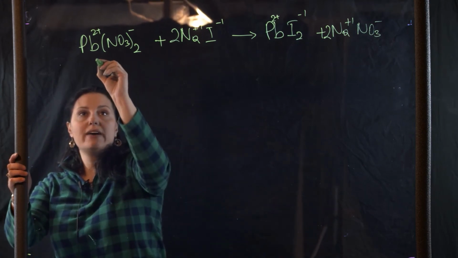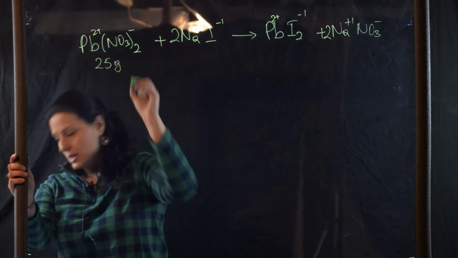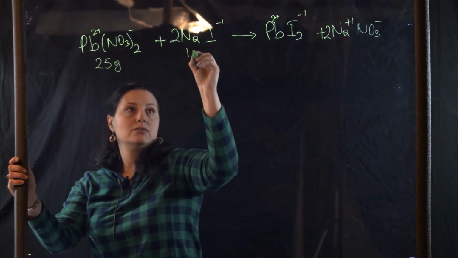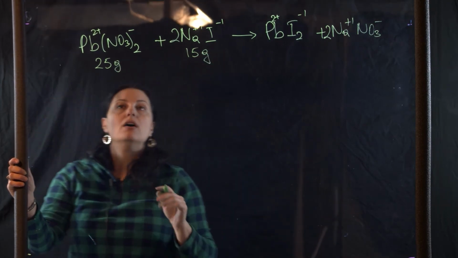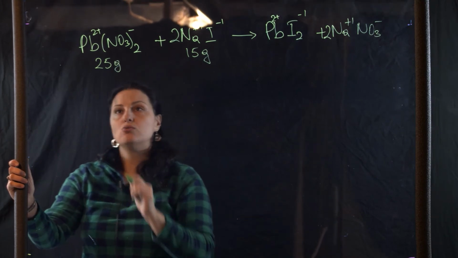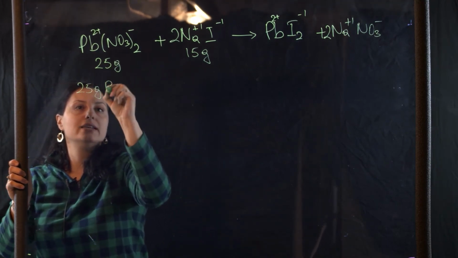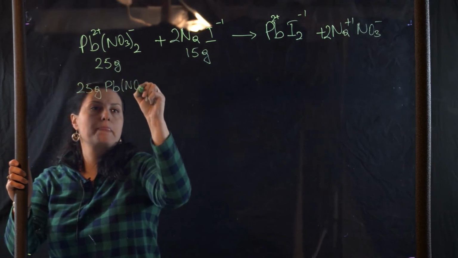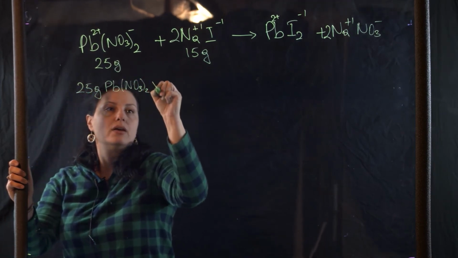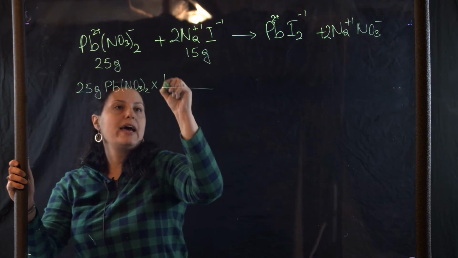So I have 25 grams of this, and I have 15 grams of this. First step, I convert those to moles. So 25 grams of lead 2 nitrate. Convert that by the molar mass.